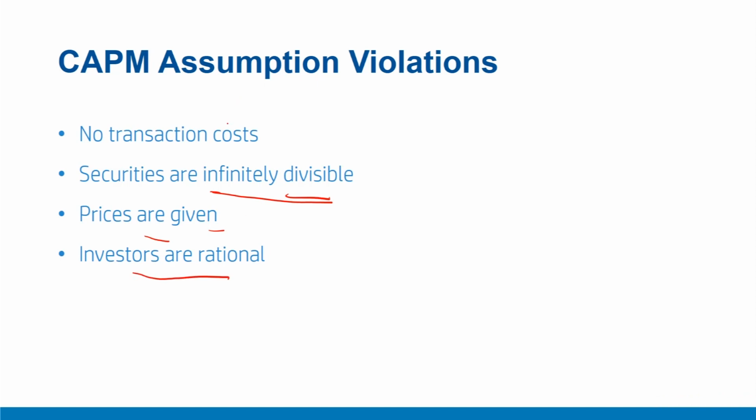Investors are rational. CAPM assumes that investors are rational. They factor in all the available information, process it, and based on their expected risk and return framework, they take their trading decisions. They do not like risk, and if a security is risky, they demand a certain high return premium for that risk as compensation.